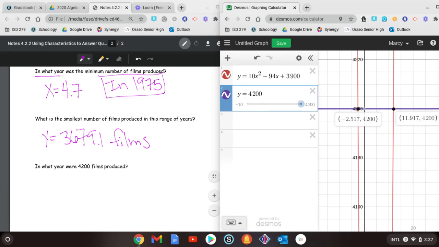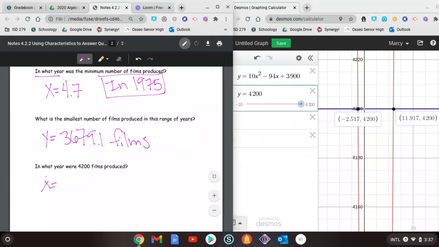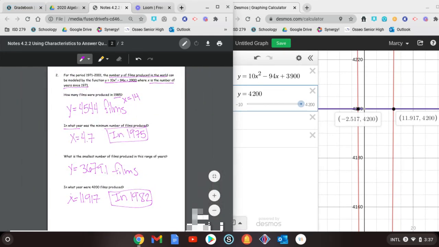So we are going to use x equals 11.917. Remember that this is not the year. You have to add this to 1971. So 1971 plus 11.9 is almost 1983, but not quite. So it's in 1982. You could say at the end of 1982 if you wanted to be that specific, but I'm not requiring that.